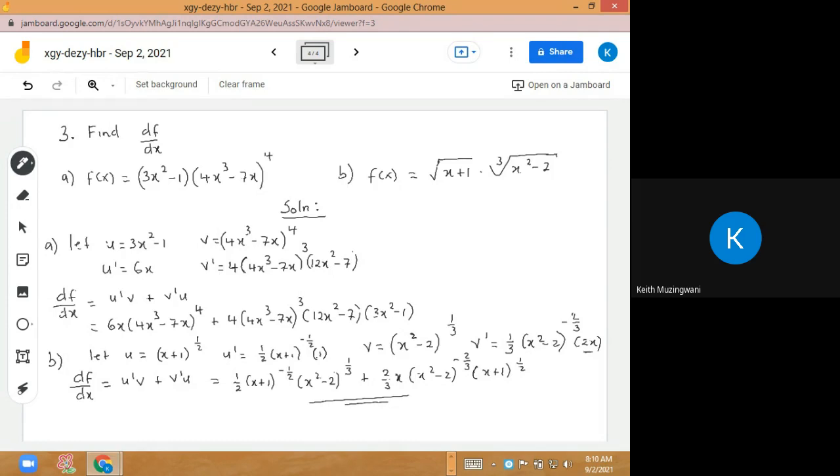So these rules will be coming in. You find yourself using product rule, but in product rule, when you try to differentiate the pieces, you find again they're also relying on chain rule. Chain rule relying on power rule.